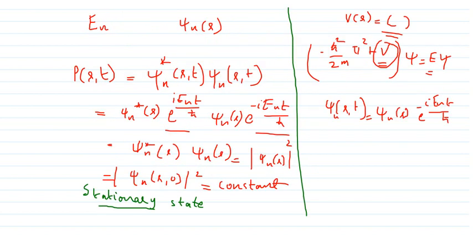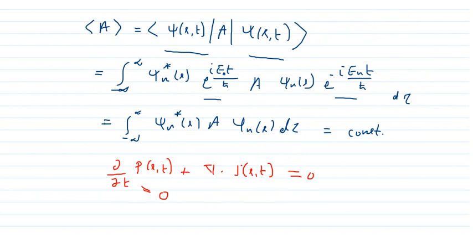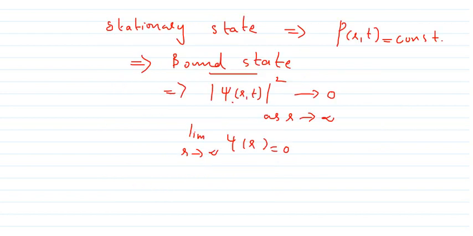Then the probability turns out to be a constant, that means it is a stationary state. Also the expectation value will be constant. So from applying these conditions in the continuity equation, you will arrive at a bound state corresponding to a stationary state.